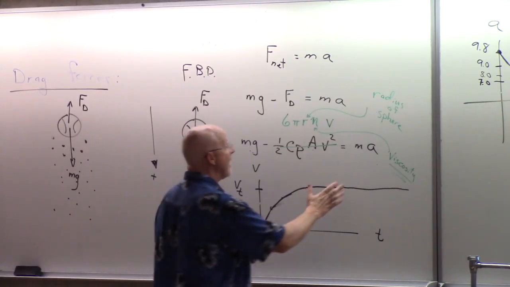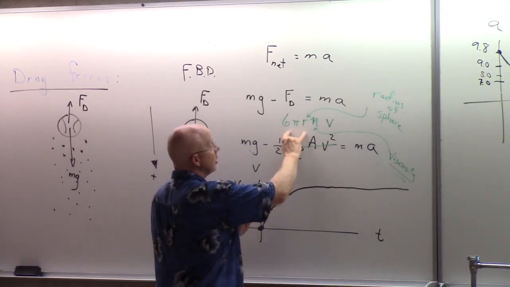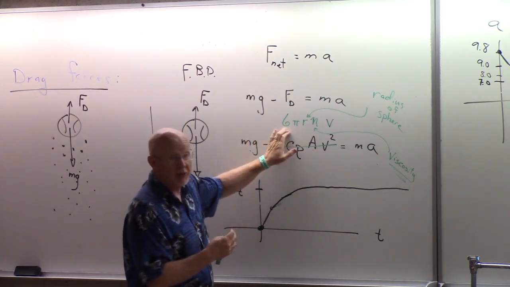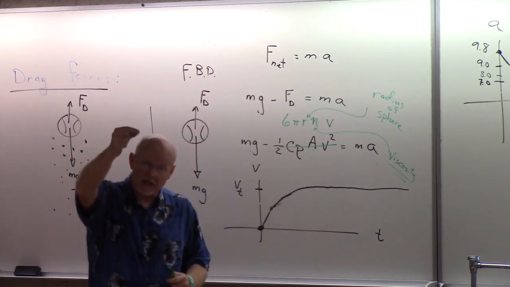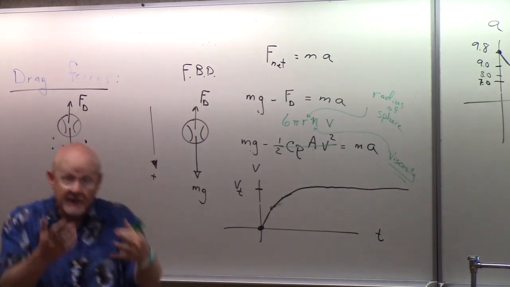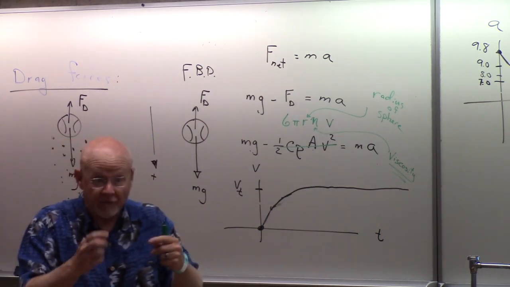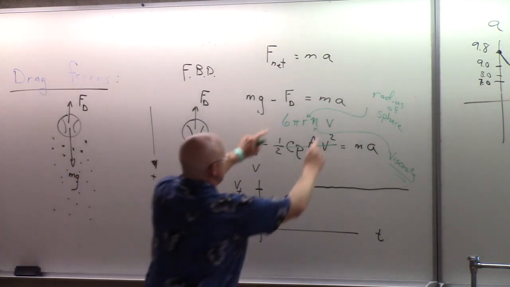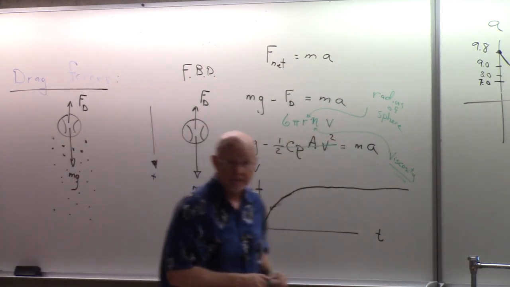I just want to point out, watch some of the problems we're going to do. If we do the same logic, doesn't it still say the same thing? As you drop this BB in the water or in the maple syrup, isn't it going to go faster and faster and faster? But at some point, this term right here equals that term.